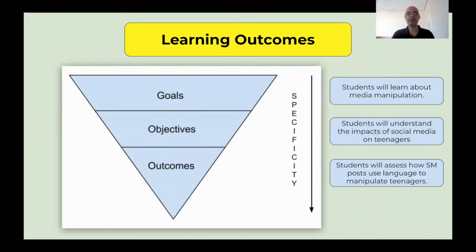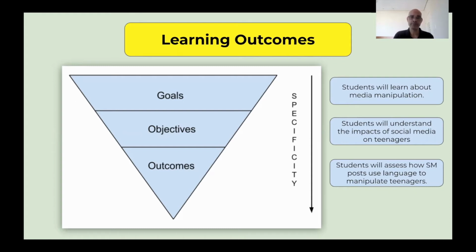So let us begin by establishing the differences between goals, objectives, and outcomes, specifically learning outcomes. Based on this picture of an inverted triangle, we can see that as we go down from goals to objectives and all the way to outcomes, we get more and more specific, right?